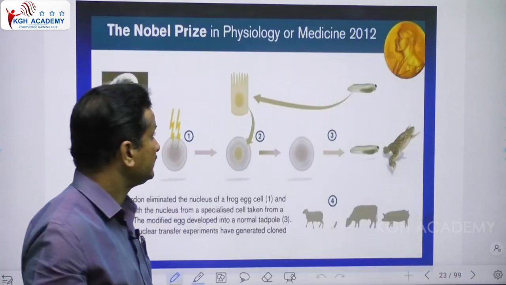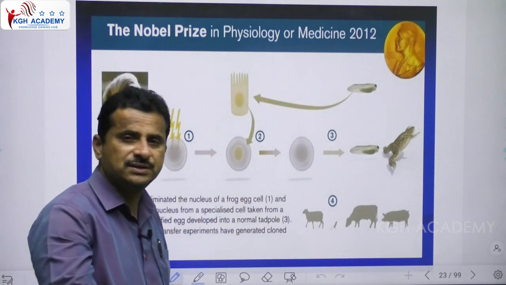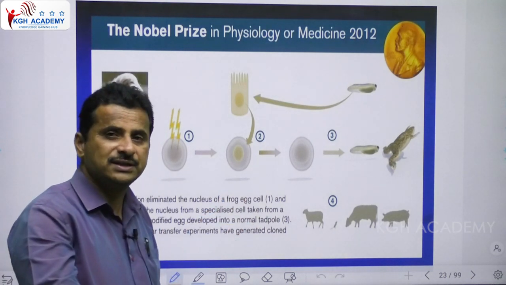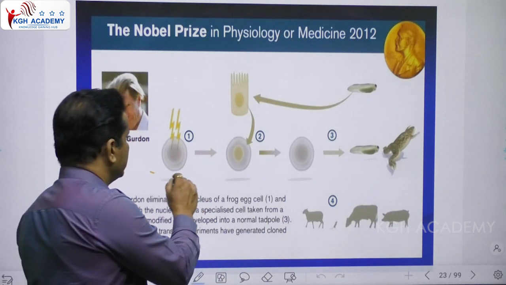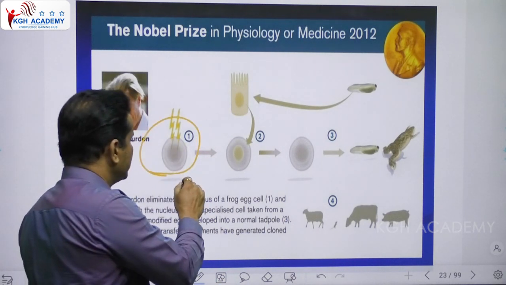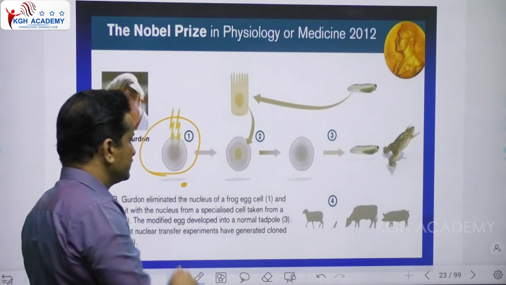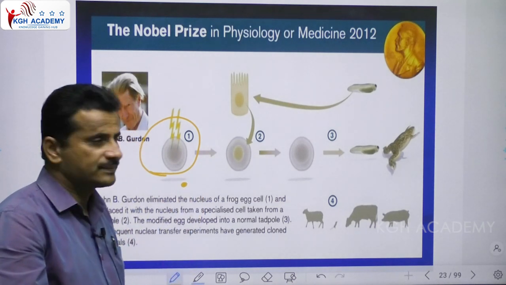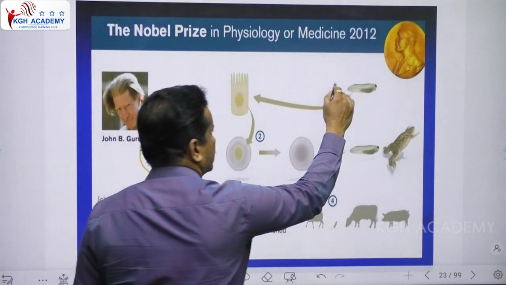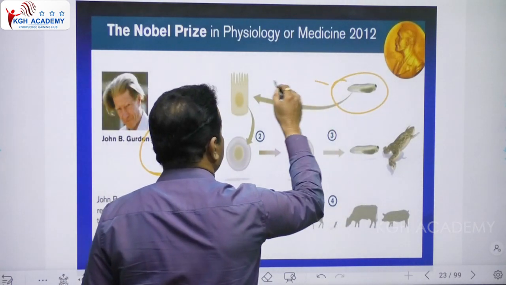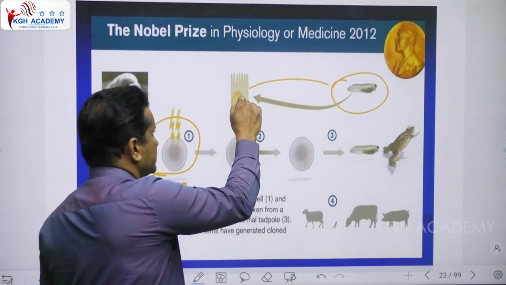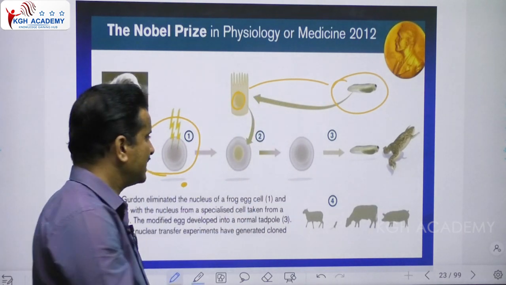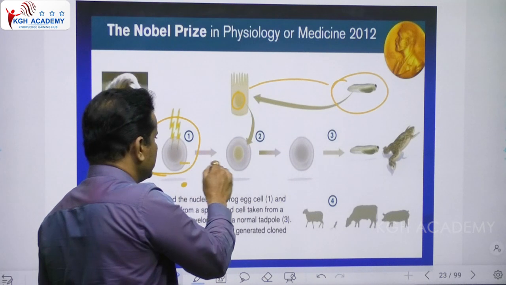Next slide. This is John Gurdon's experiment, a somatic cell nucleus transfer experiment. He took one egg and isolated its nucleus, and then took a frog tadpole larva body cell, separated its nucleus, and transferred this nucleus into this egg.